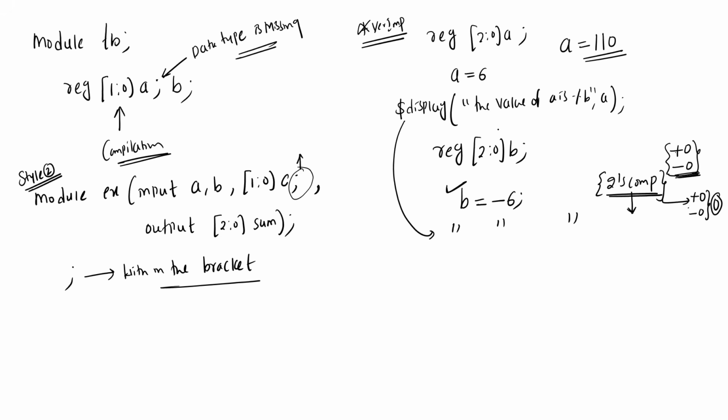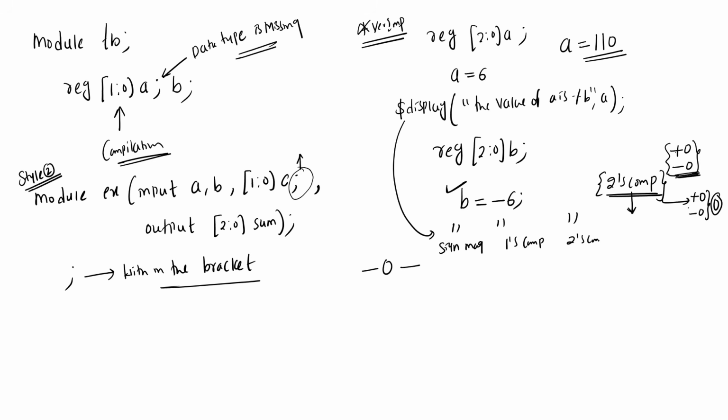Sir, in my class this zero concept was skipped. Can you elaborate just for 2 minutes? Suppose you take minus zero, and I want to represent it in sign magnitude, one's complement and two's complement.